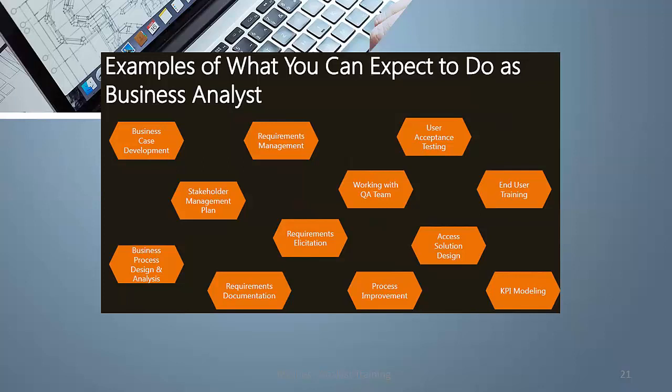I'll just give an example. When you talk about a bank, the bank's problem is that they are not able to cater to the growing demand of the customers. There is a loan department within the bank, and earlier they were getting 5 to 6 applications per day. Now they're getting 15 to 20 applications per day. Our idea is to double the number of employees, but that's only going to create chaos.